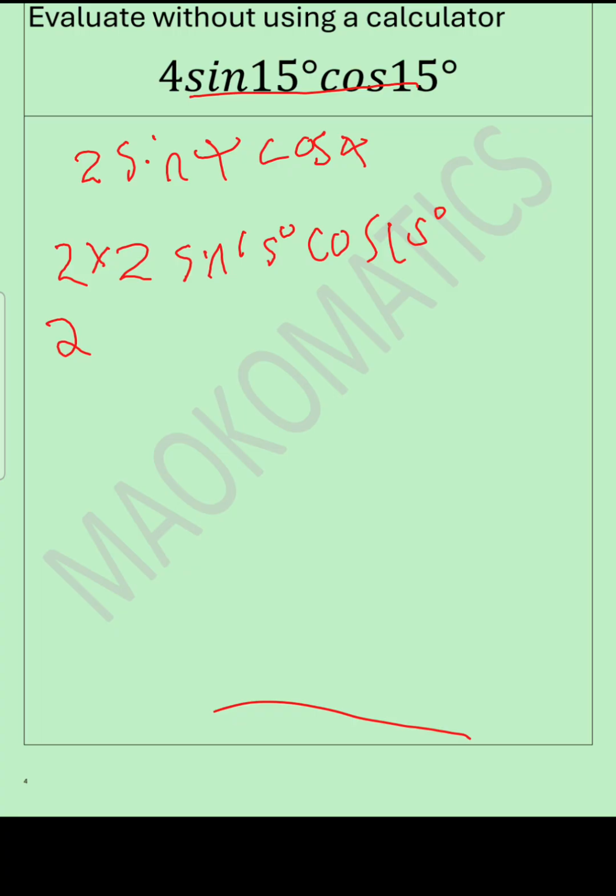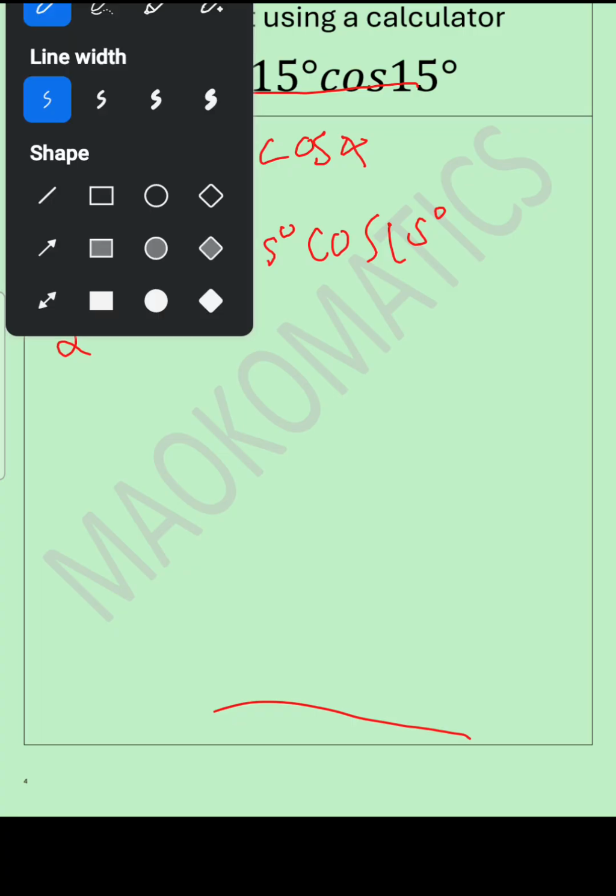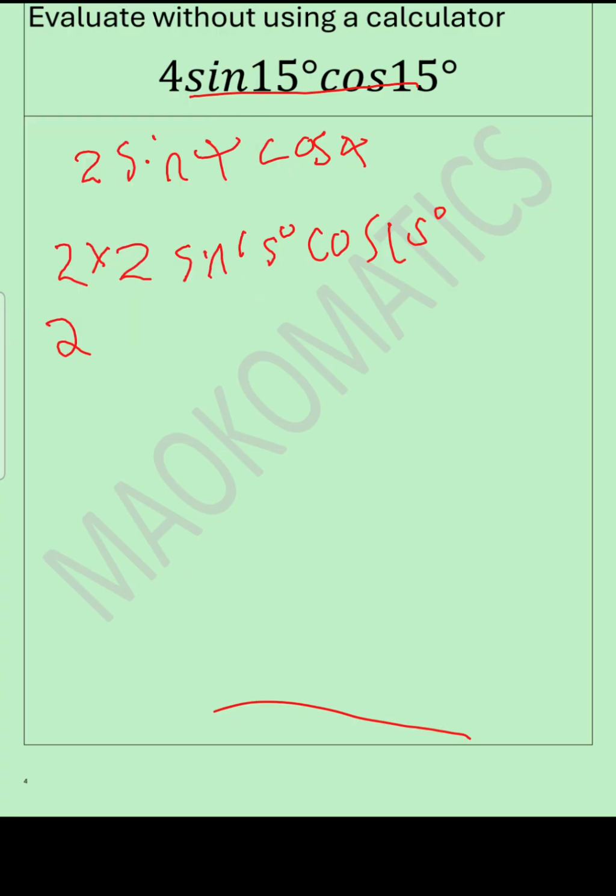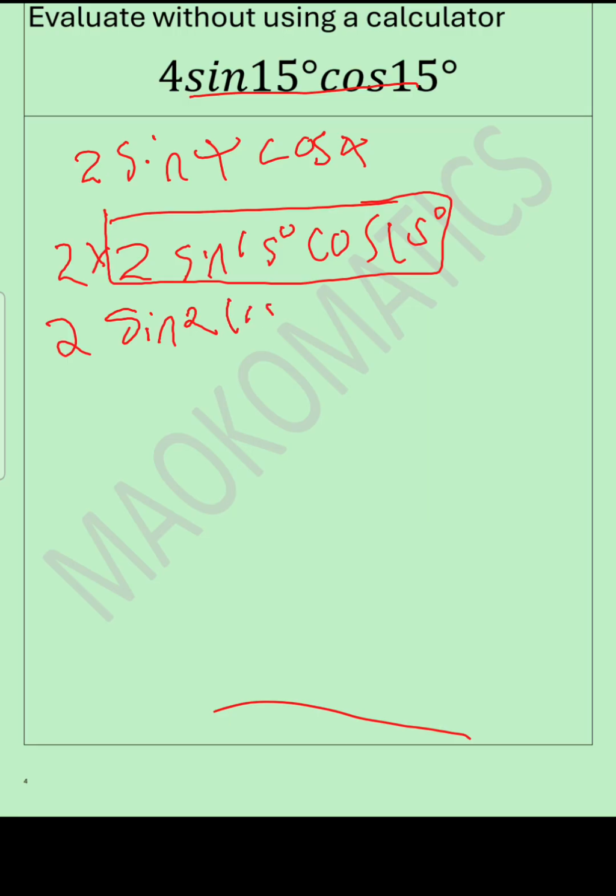This part changes to sine 2 times 15 degrees, which equals 2 sine 30.